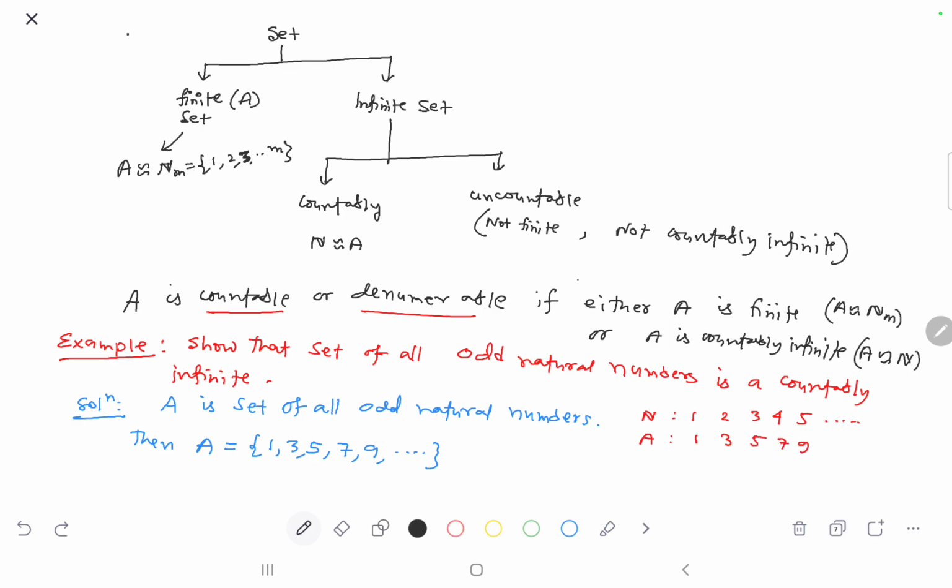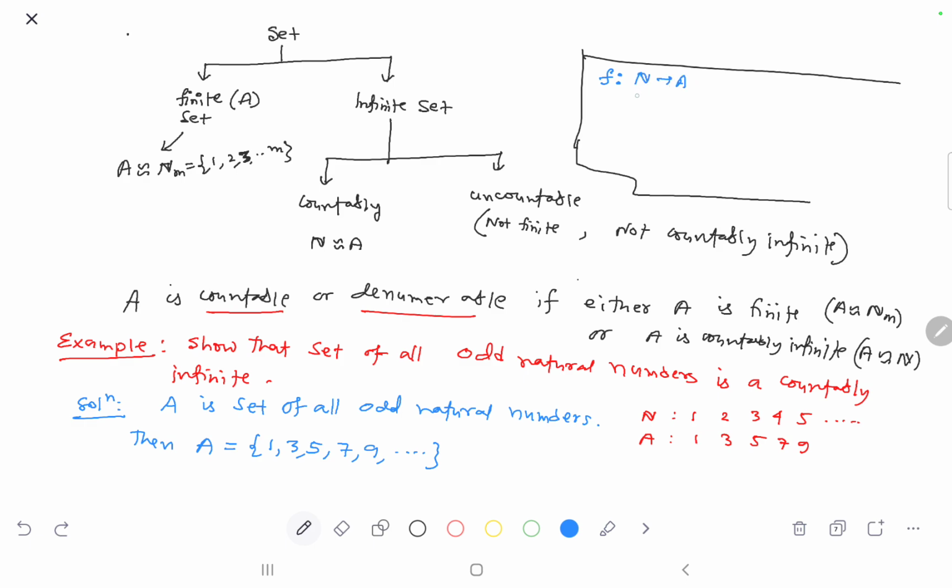Let me define a map F from N to A. Can you tell me a map from this set of natural numbers to the set of all odd natural numbers?